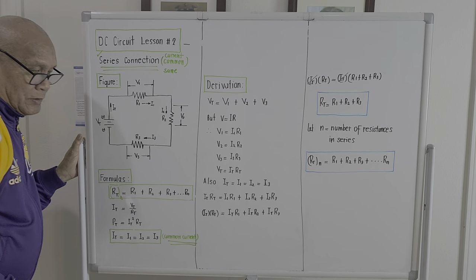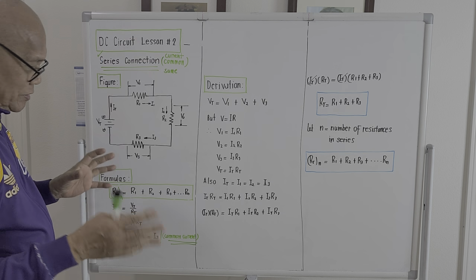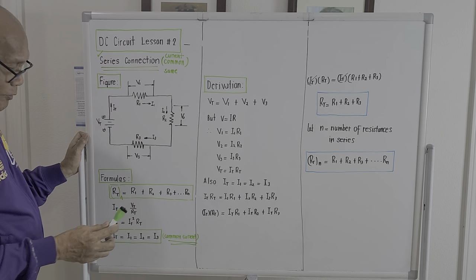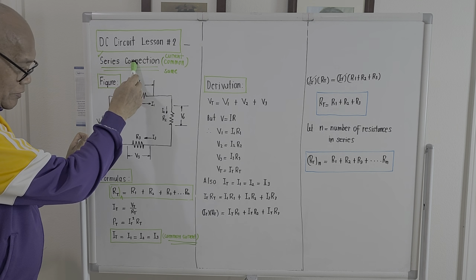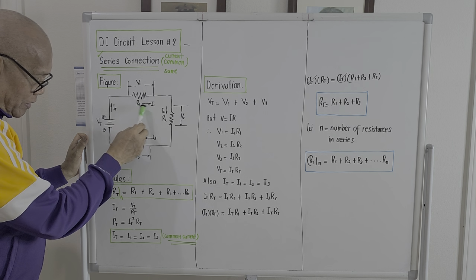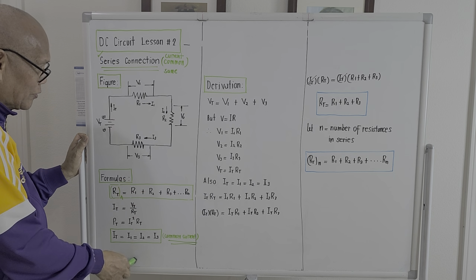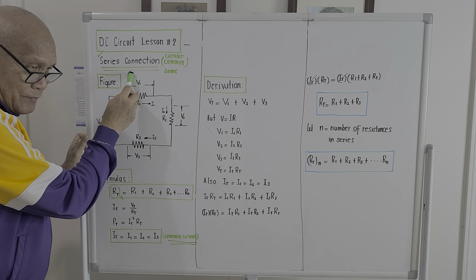Okay? So the distinguishing properties of a series connection: if you can say that the total resistance is the summation, it is a series connection. And if you can say that the current passing through all the resistances is the same, you can say that the connection is still a series connection.